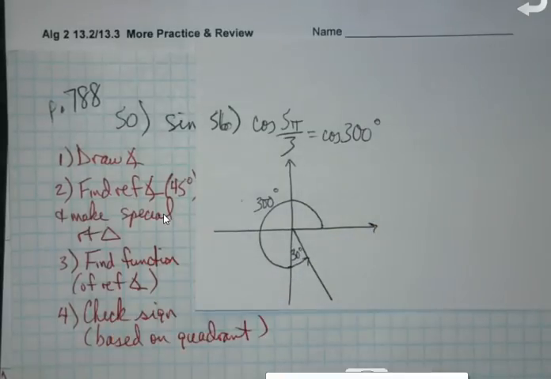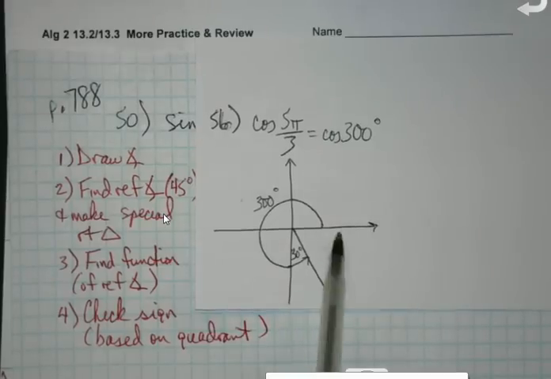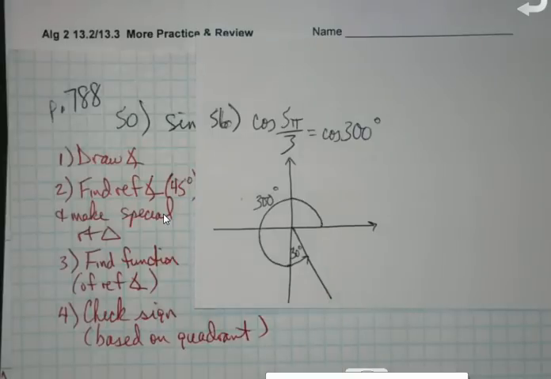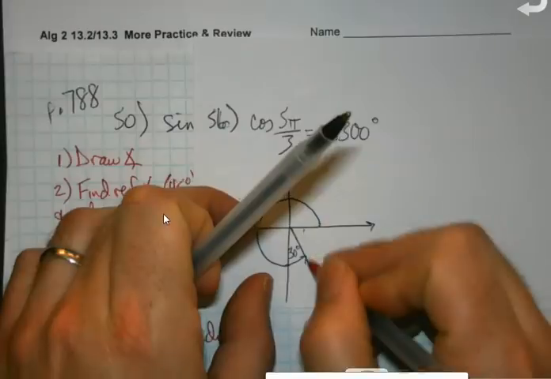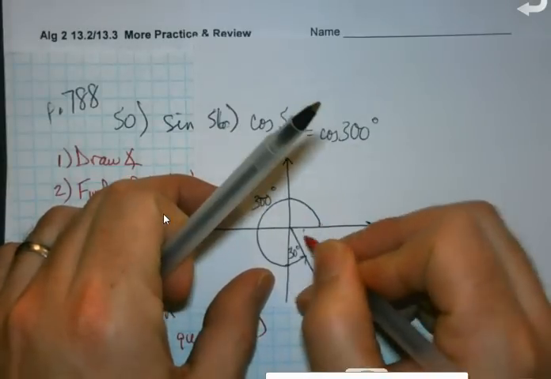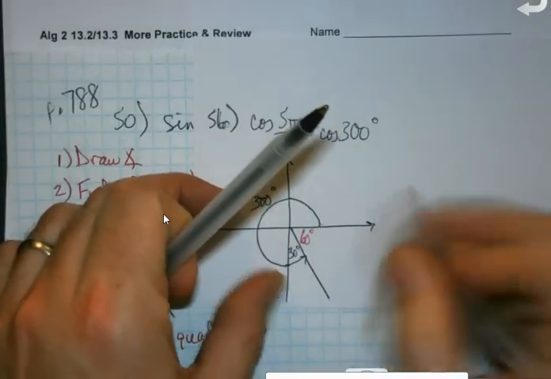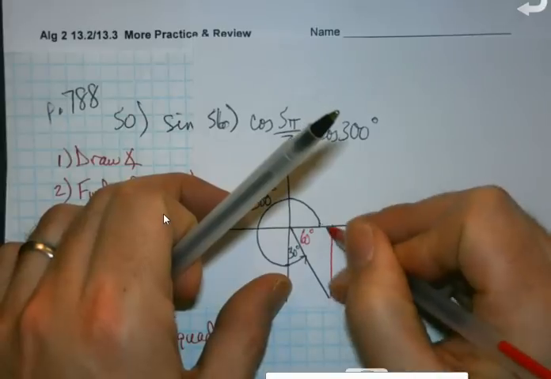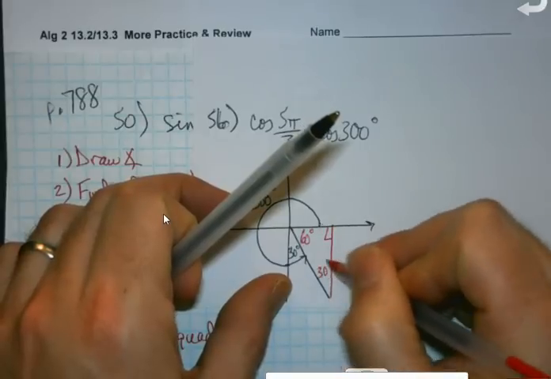I've got 30 in here, but remember, I can't make this my right triangle because it always bases off of the x-axis. Your reference angle, which is how far it is to get from my terminal side back to the axis, is 60, and that's where I'm making my triangle.